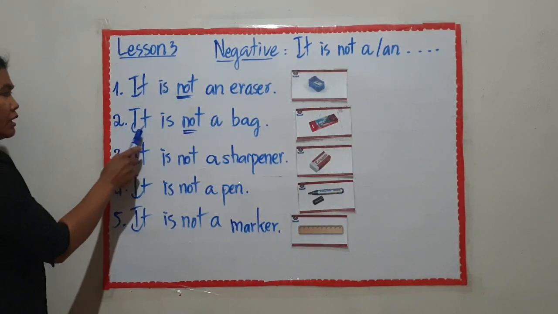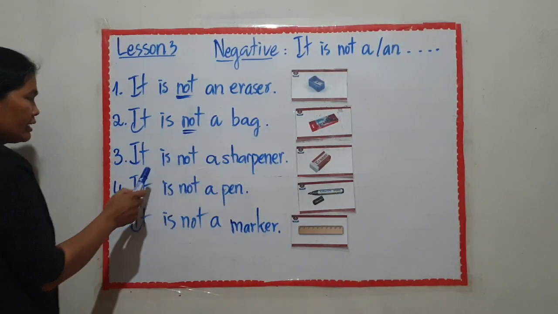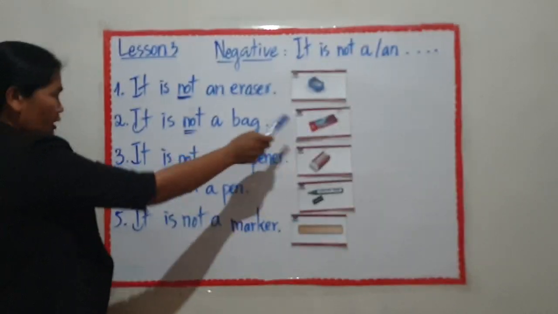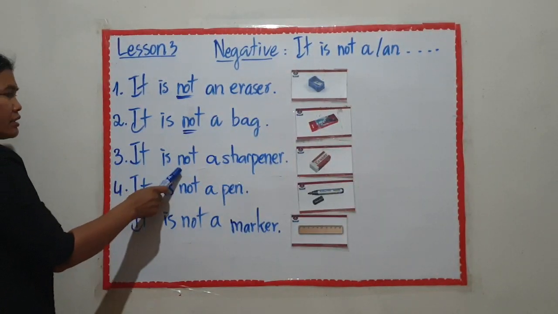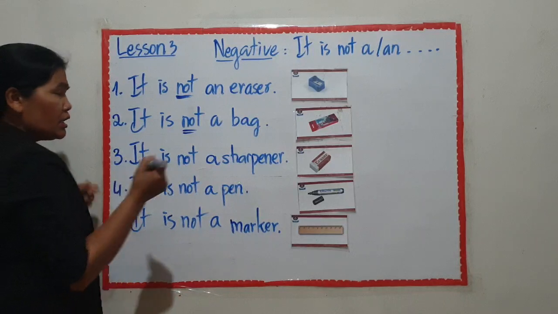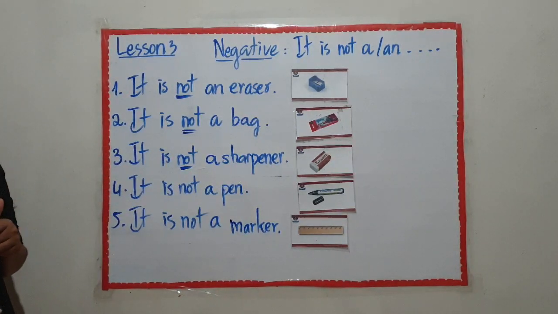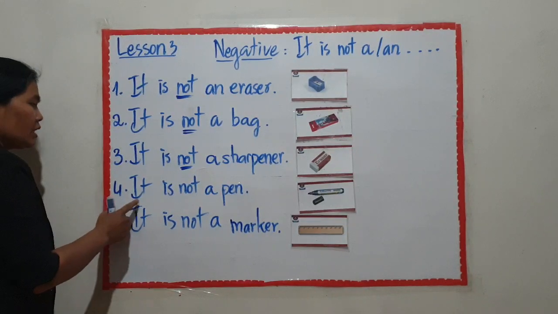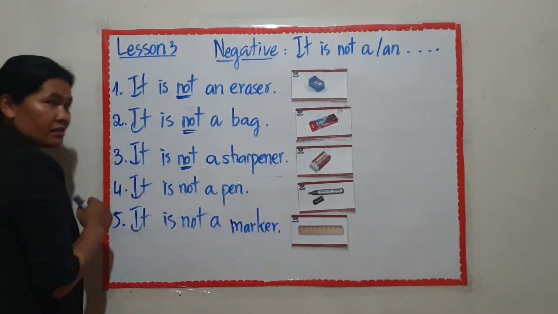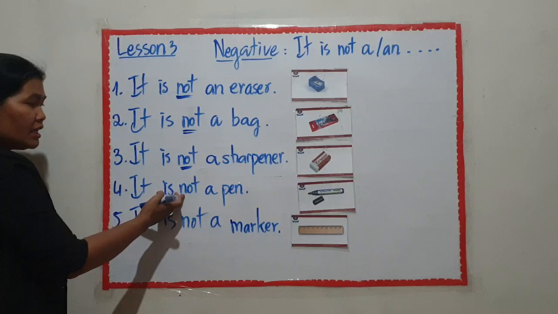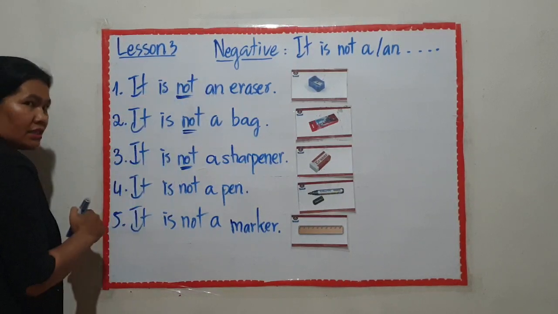Number two, it is not a bag. Ready? You see the picture? Number three, it is not a sharpener. You see? We have not in the sentence. That's why we call this one negative, right? Number four, it is not a pen. You see? We have not here. That's why we call that negative sentence, right?